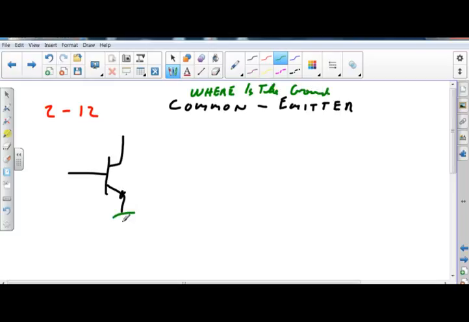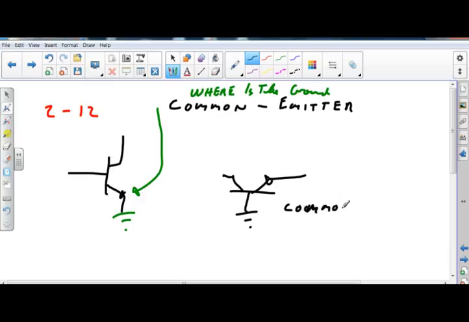So if the ground is here, I'm common emitter. If I make a circuit and I do this, then this is common base. My common's at the base.